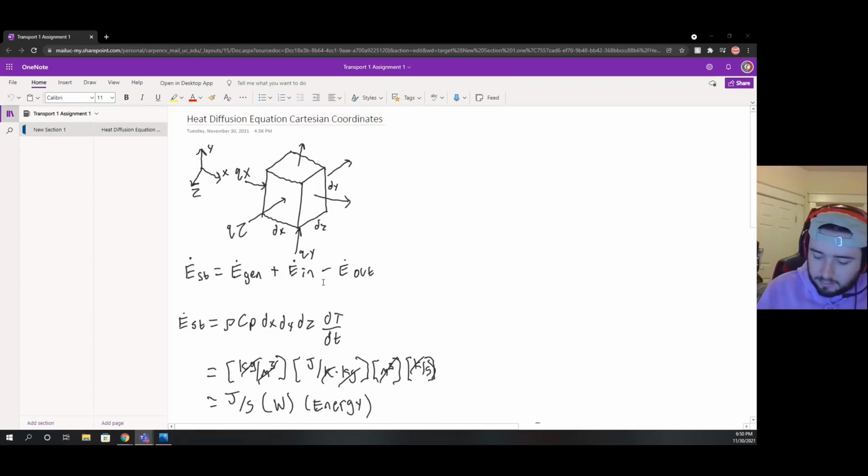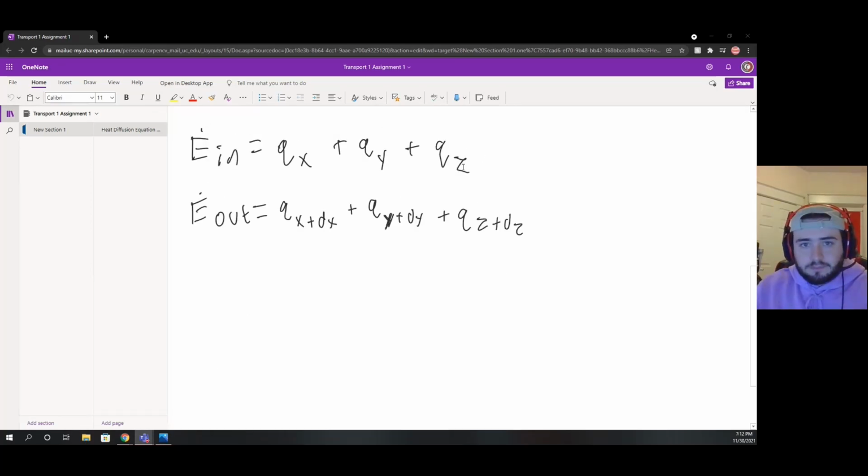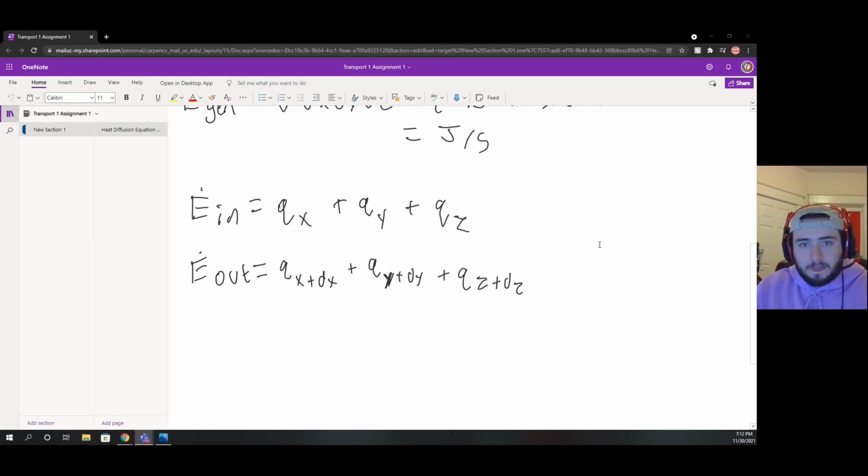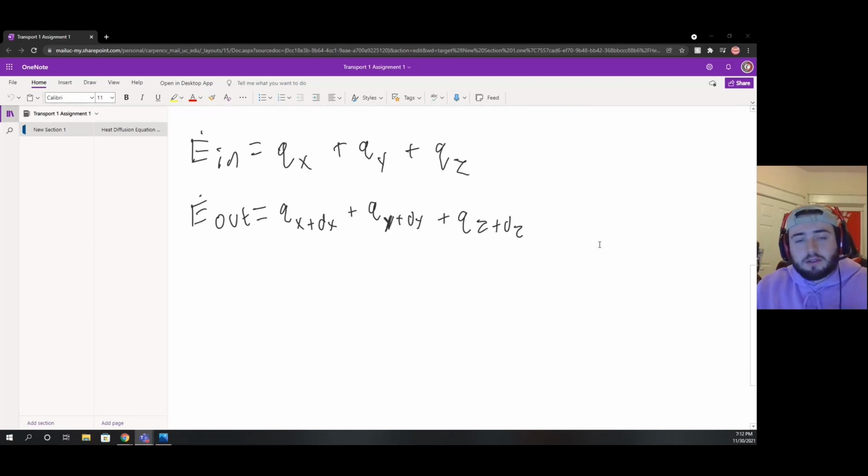I'll go ahead and label that on the diagram as well. For the energy in, we're going to break down the heat flow of x, y, and z. And for energy out, we're going to break down the heat flow of x plus the distance, heat flow of y plus the distance, and heat flow of z plus the distance.